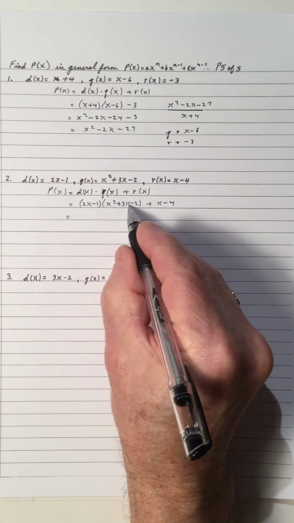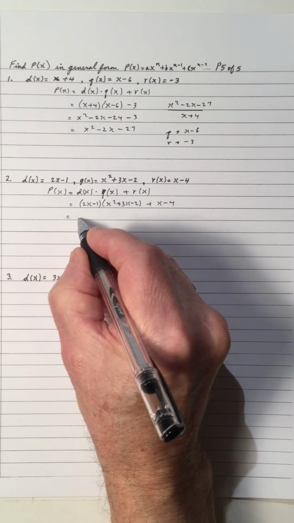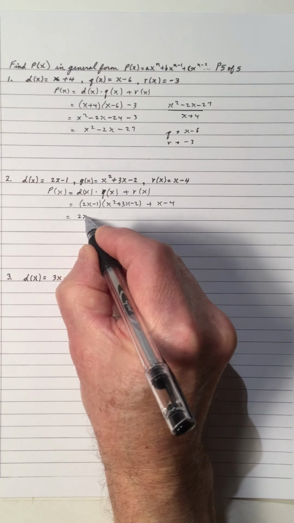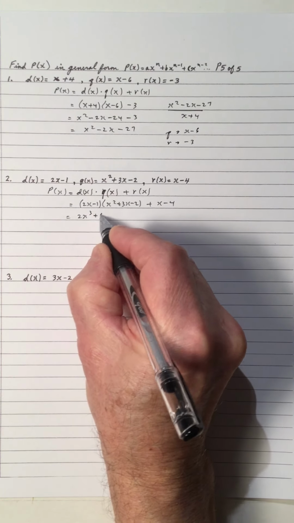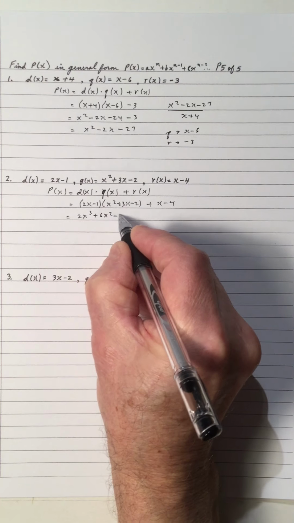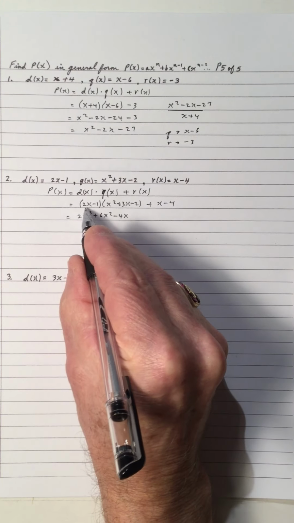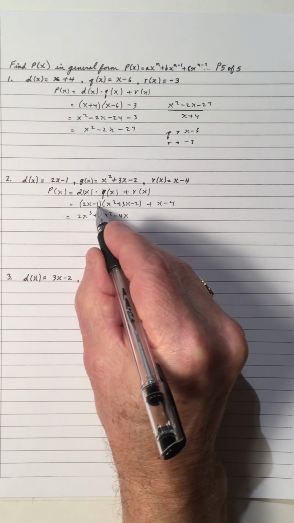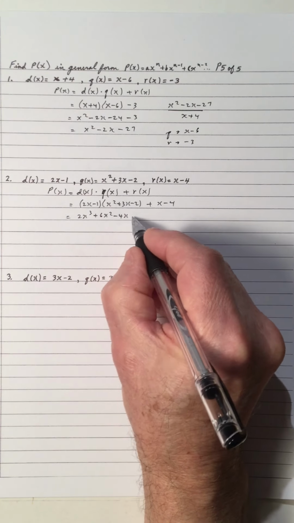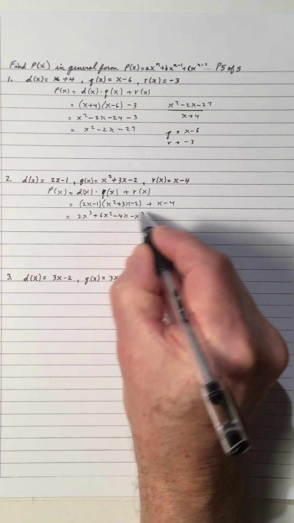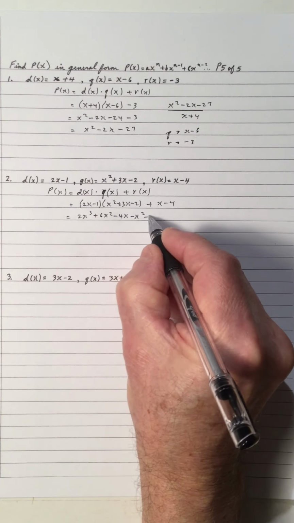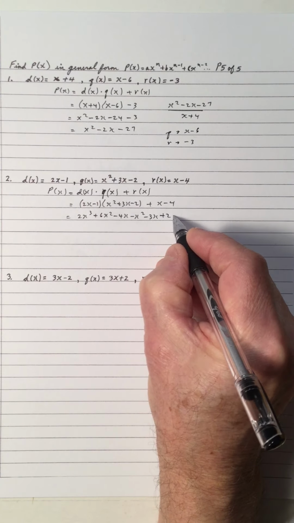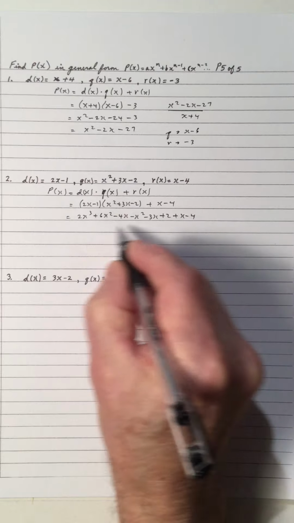So I multiply these out first, and we take our time. So 2x times these 3 gives me 2x cubed plus 6x squared minus 4x. So I took the 2x and multiplied by the 3 of these. There it is. Now I'm going to take the negative 1, multiplied by the 3 of these. Negative x squared minus 3x plus 2, add on x minus 4.